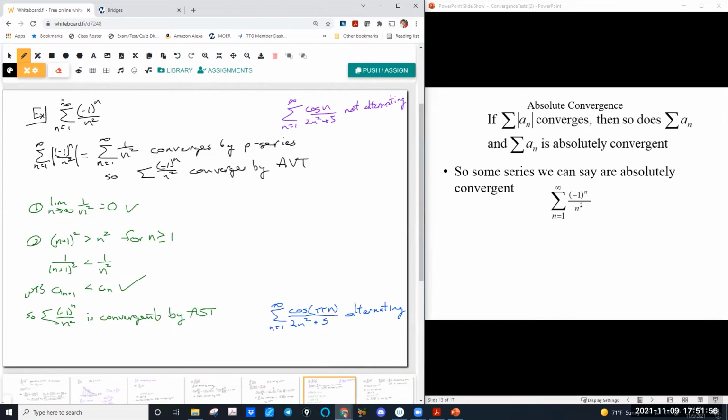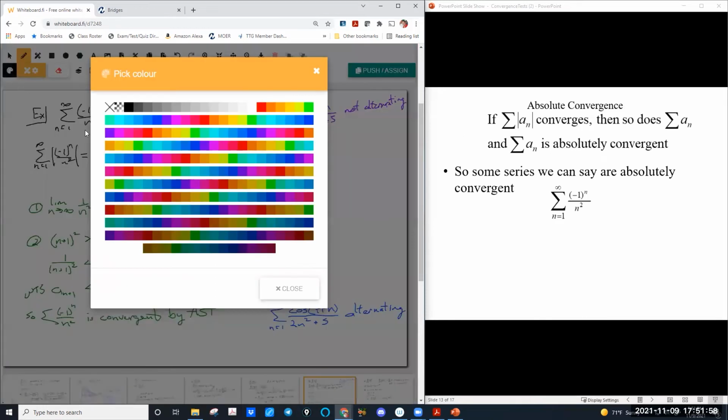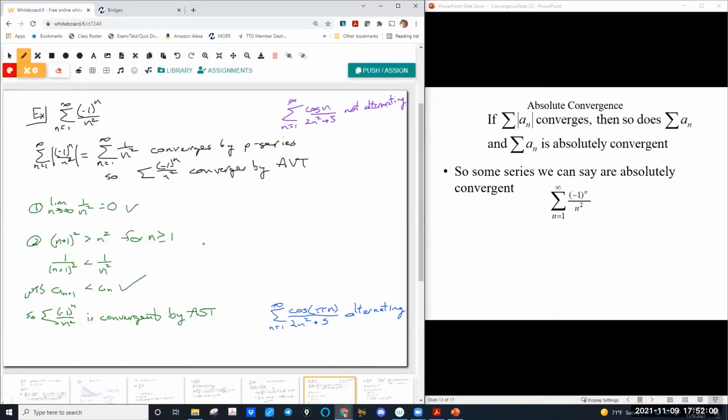Absolute convergence is a stronger form of convergence. Because the absolute value was convergent, and actually this is all you have to test, once you show that the absolute value is convergent, we can go a step further and say that our series is absolutely convergent.